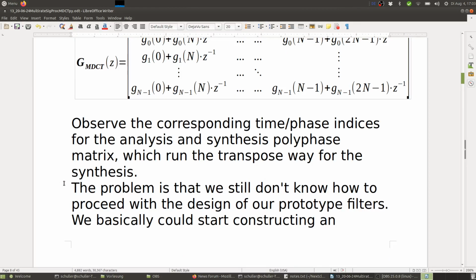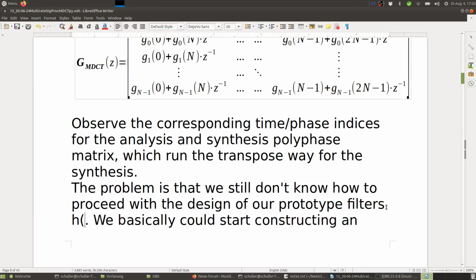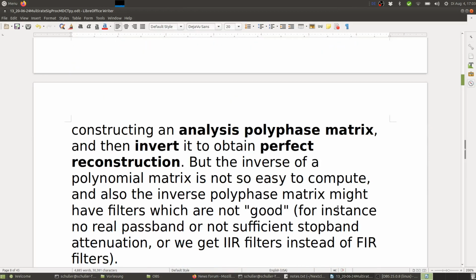So far so good. The problem is that we still don't know how to proceed with the design of our prototype filters h of n and g of n. We basically could start constructing an analysis polyphase matrix using some window design method, and then invert it to obtain perfect reconstruction.